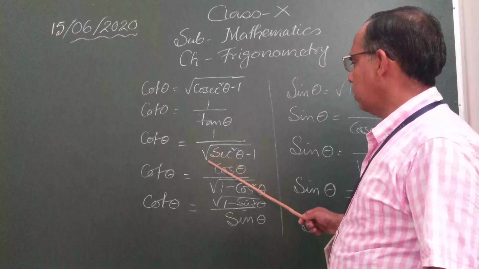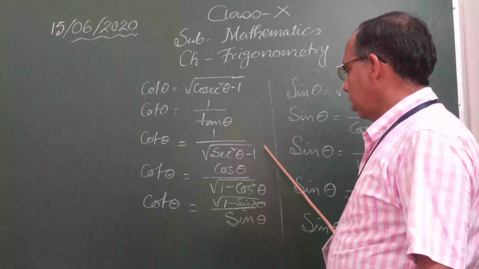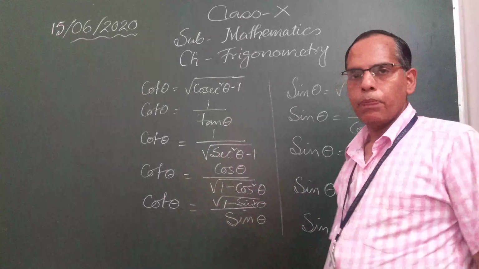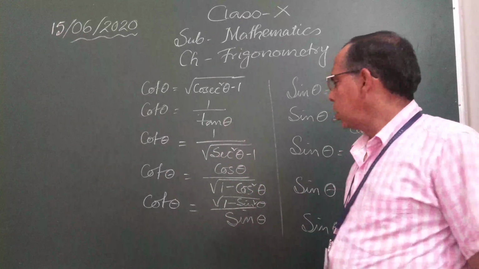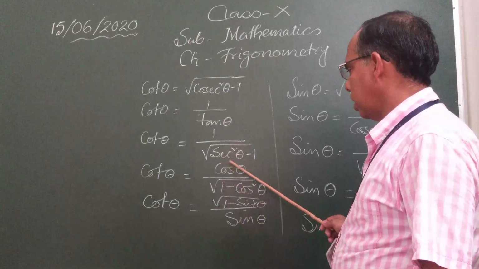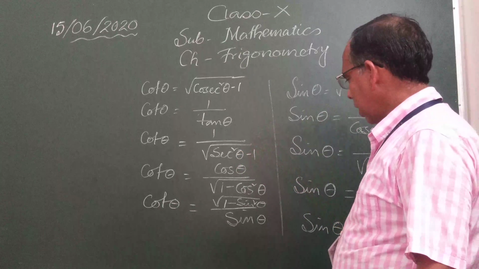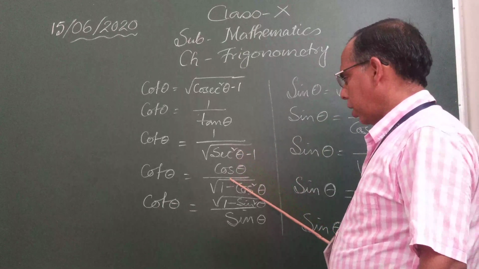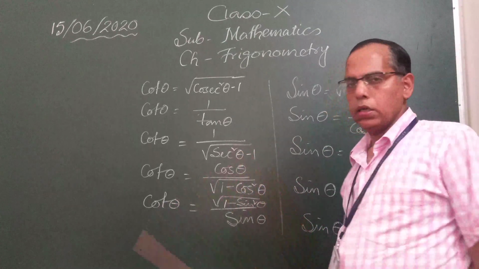That's why root over sec square theta minus 1. Then again sec theta is the reciprocal of cos theta. If we substitute 1 by cos square theta and simplify, just like the previous one, we get cos theta by root over 1 minus cos square theta.